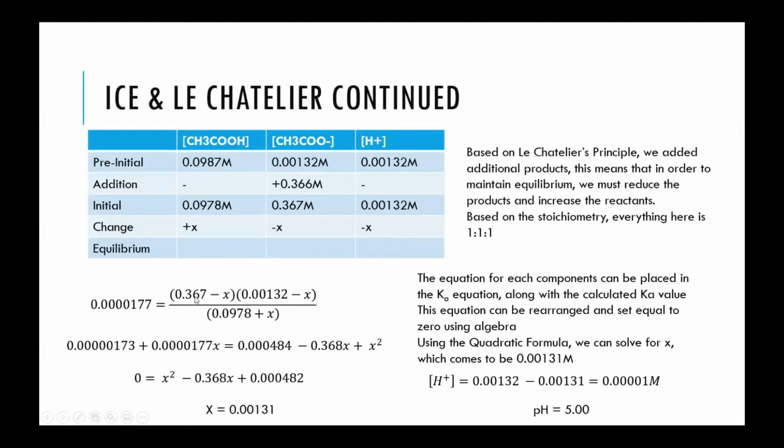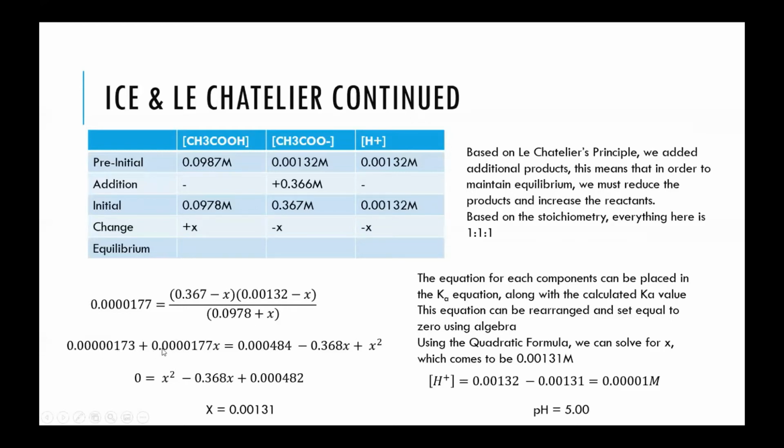So initially, you'll have to FOIL through that top, because now these are not the same. The concentration of acetate is no longer the same as the concentration of H+. And that's going through, so you'll need to go through and FOIL this out. So front plus outside plus inside plus last.